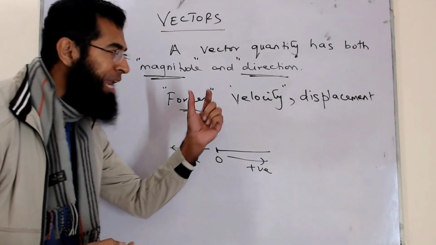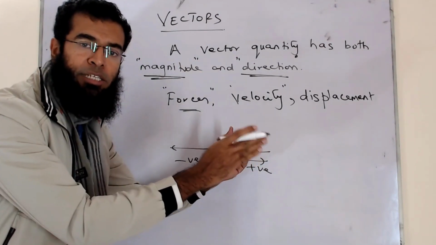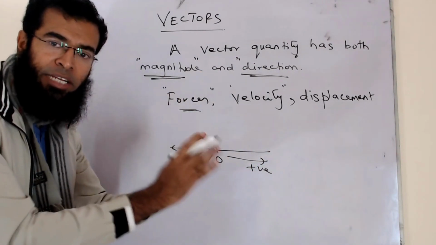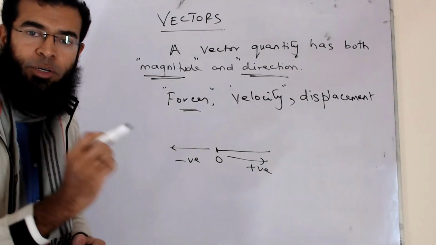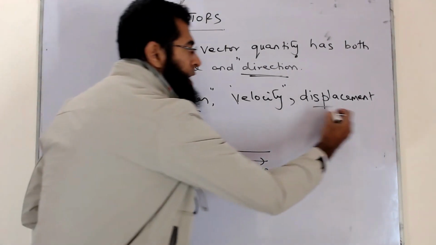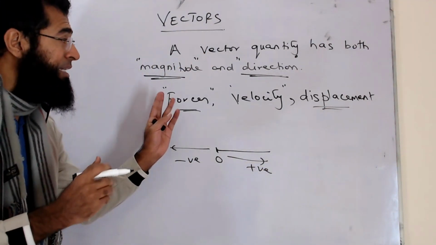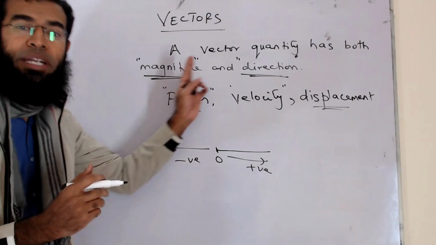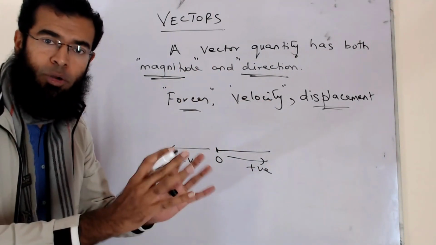So when you're calculating distance but taking direction as well, the quantity becomes a vector quantity, right? These are a few examples in which we take magnitude with direction, so that quantity becomes a vector quantity.